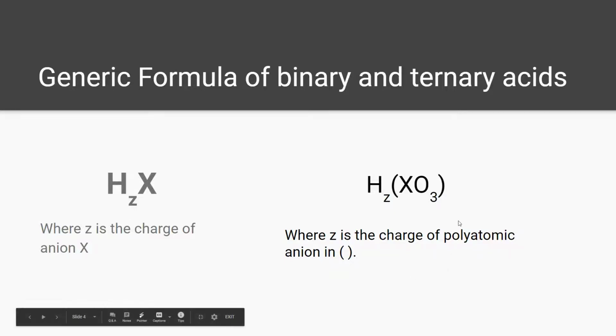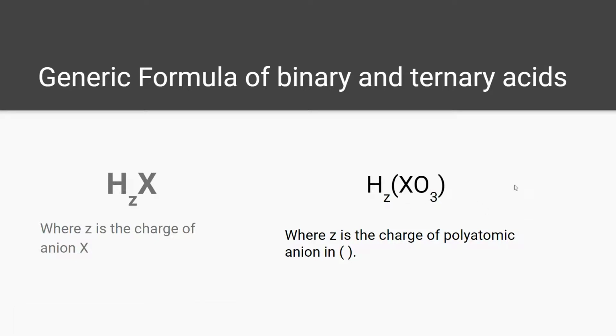A ternary acid has the generic formula HZ(XO3)3, where XO3 is representing a polyatomic ion and Z represents the charge of the polyatomic ion. In general, most acidic formulas are going to start with H and be followed by either a single element ion or a polyatomic ion.